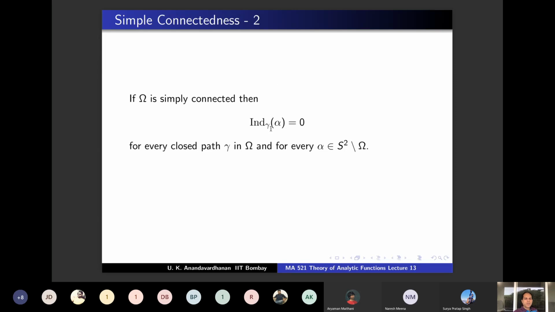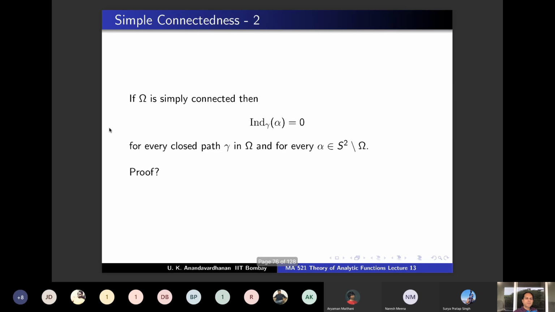Index is 0 for every alpha outside omega, meaning every gamma is homologous to 0, and this is true for every closed path. So the meaning of this statement is that every closed path is homologous to 0. The claim is, if omega is simply connected, then every closed path is homologous to 0.